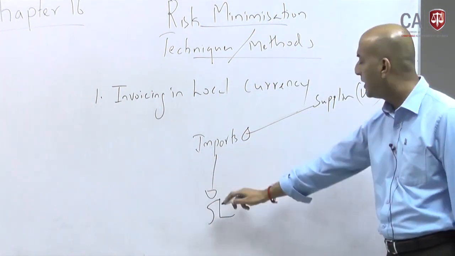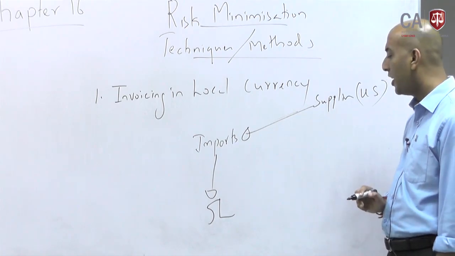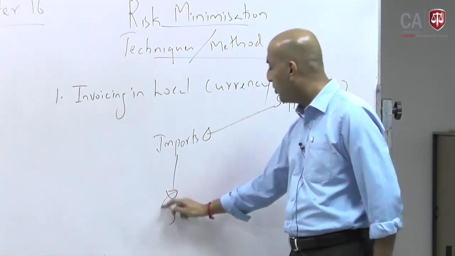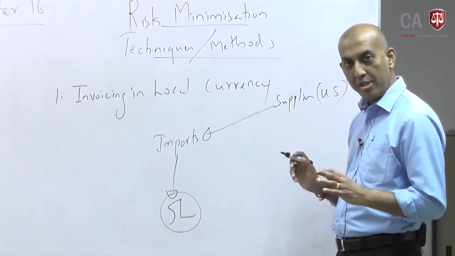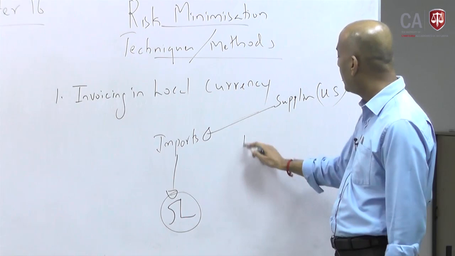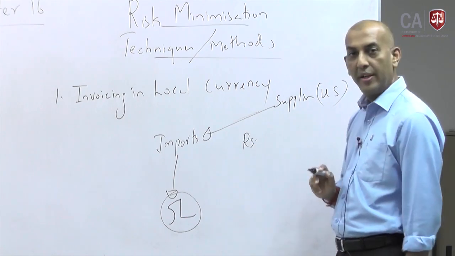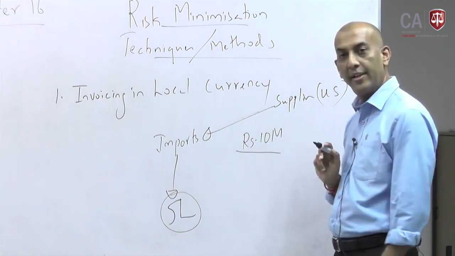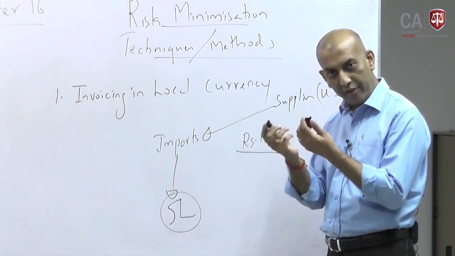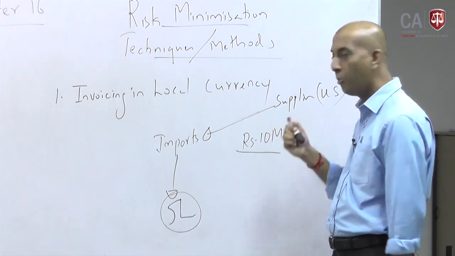So the supplier is sending goods to us as a Sri Lankan company. I am going to tell the supplier, I need my goods, but please invoice me in rupees. Assume that the supplier is invoicing for 10 million rupees.